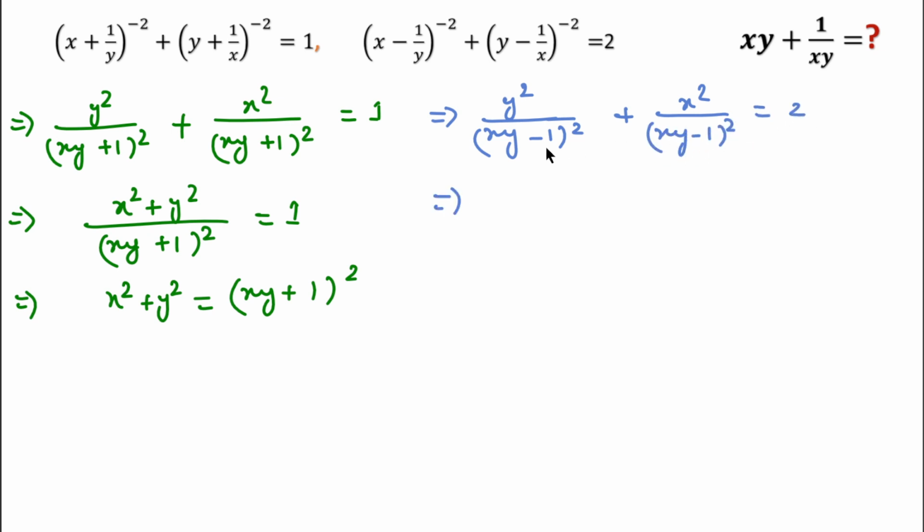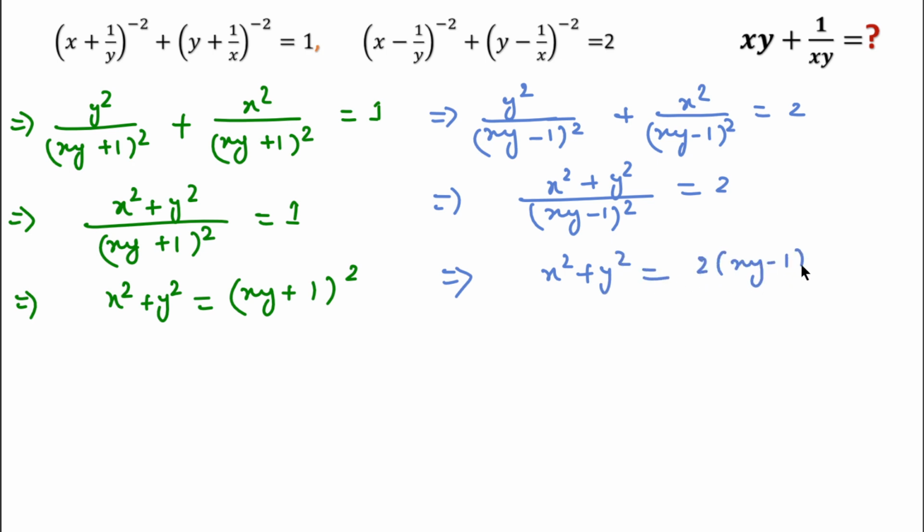Here also denominators are same, so we can write (xy minus 1) to the power 2, and x square plus y square equal to 2 times (xy minus 1) whole square.